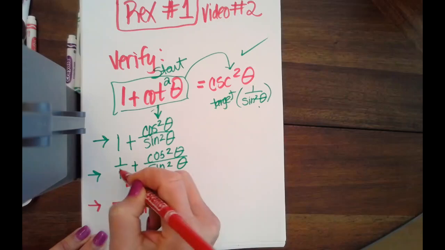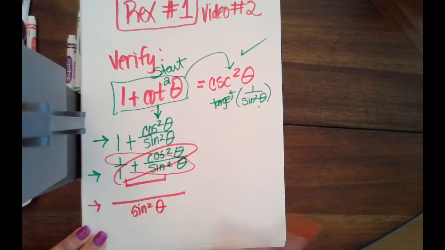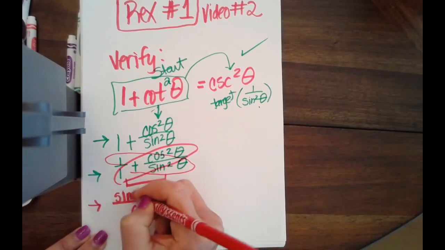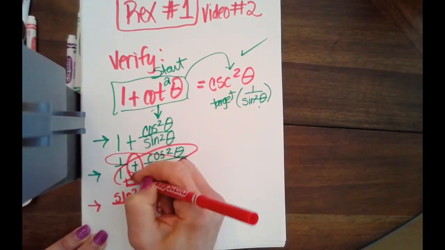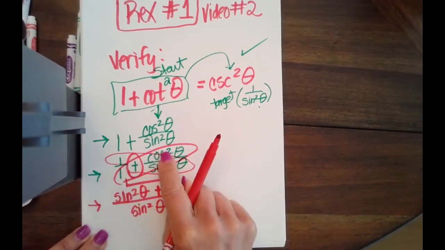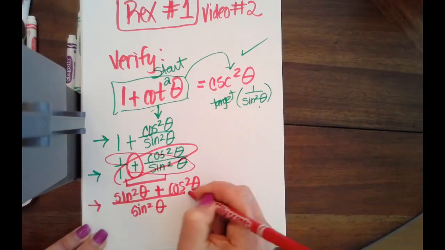And then we have to cross multiply, right, to get our new numerator. So the left diagonal is 1 times sine squared of theta, which is simply sine squared of theta, plus, that's my operation. The other diagonal multiplication is cosine squared of theta times 1, which is simply cosine squared of theta.